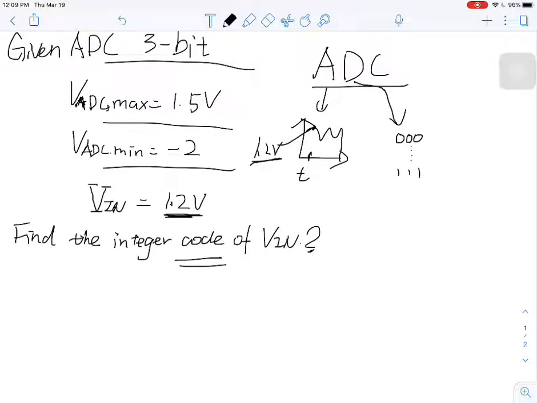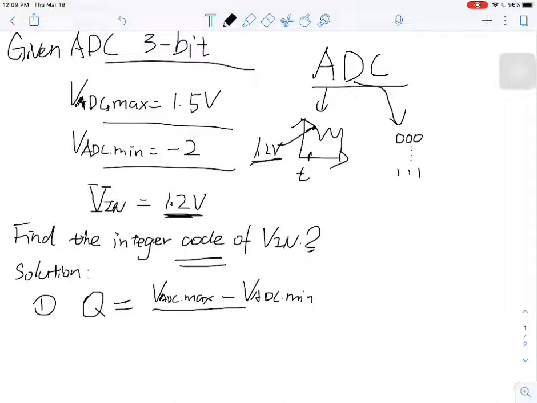So the solution is, the first step is you need to find out the quantization for this ADC. So that's Q, and the quantization equals the maximum ADC voltage minus the minimum ADC voltage, over 2 to the N minus 1.